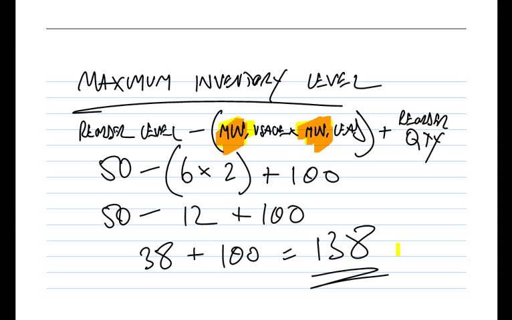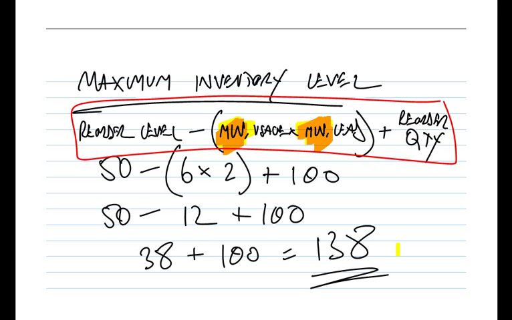But again, the way to work the figure out is you start again with the reorder level. So I'm reordering at 50. Knock off the minimum number I could possibly sell before the supplier arrives, which is our 12 here, based on minimum usage and minimum lead time. But then remember to add on the reorder quantity, because the whole point is the supplier is now going to arrive to bring us that many units.